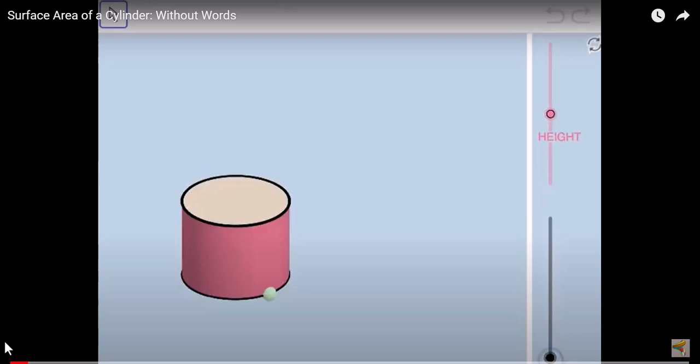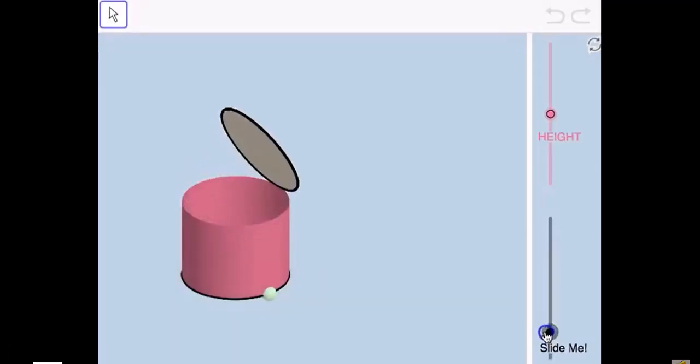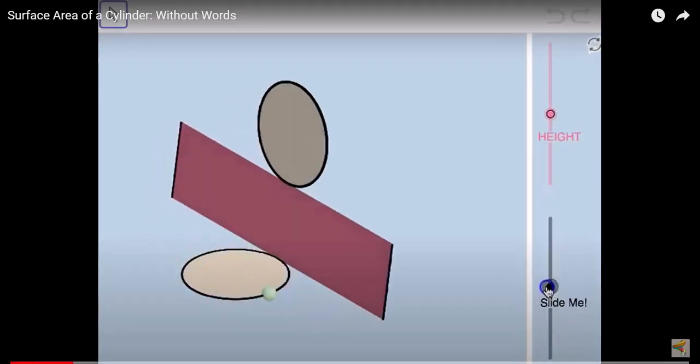Oh, here we go. So this is a cylinder unfolding. Okay, so the top is coming off with the circle. We unwrap the tube, and what do we get? A rectangle. If we have a cylinder, like so, circle on the top, circle on the bottom, you want to figure out the sides, unwrap it, you get a rectangle.